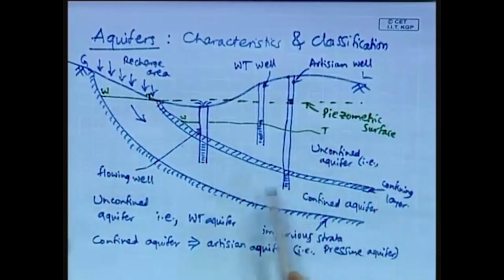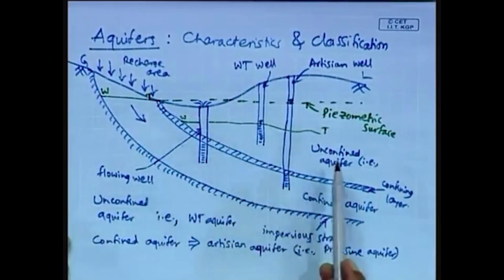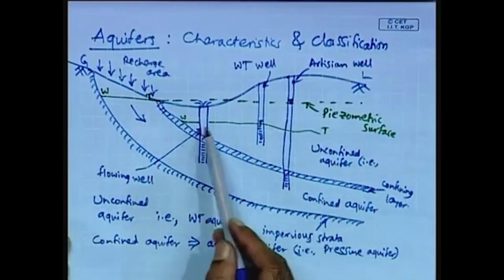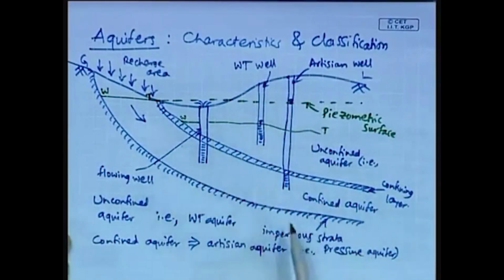So, there are three types of wells: the flowing well, the water table well, as well as the artesian well.